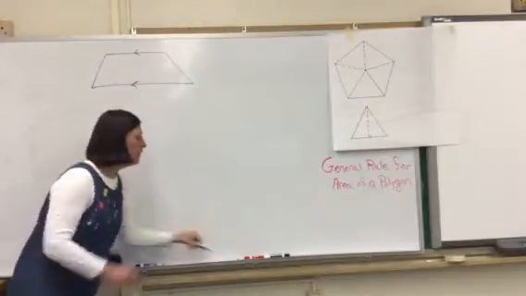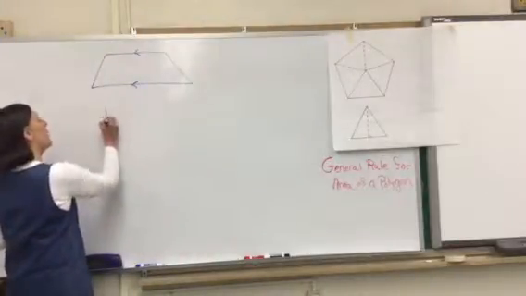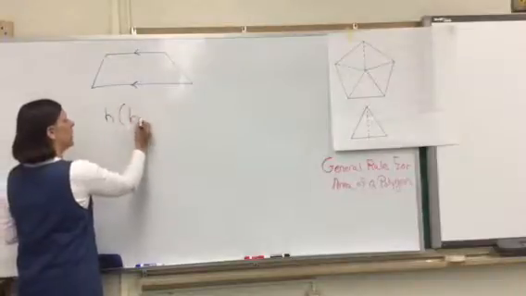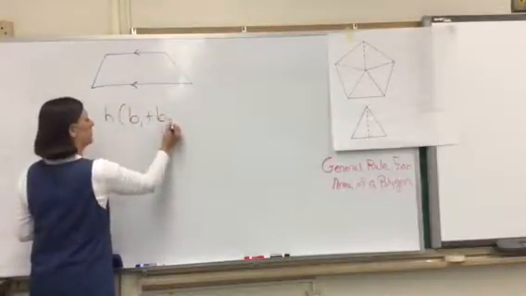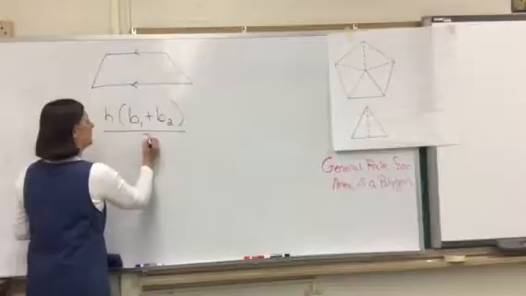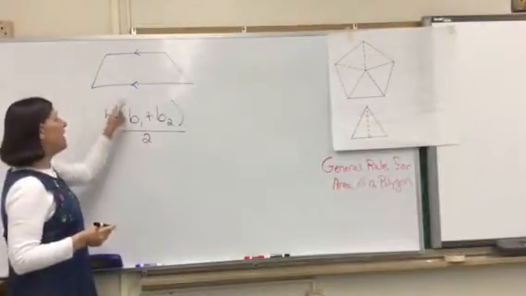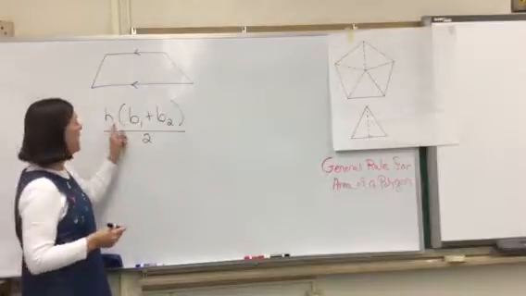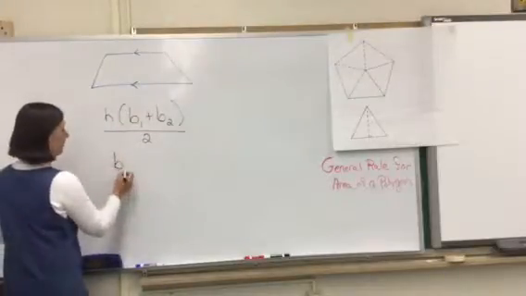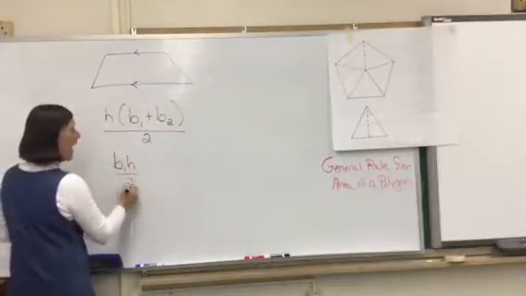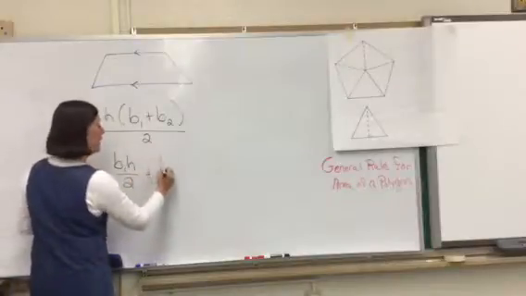In this activity, students came up with a rule that looked like this. And what they noticed, if they distributed the h, which represented height, into the parentheses, they had this same expression.